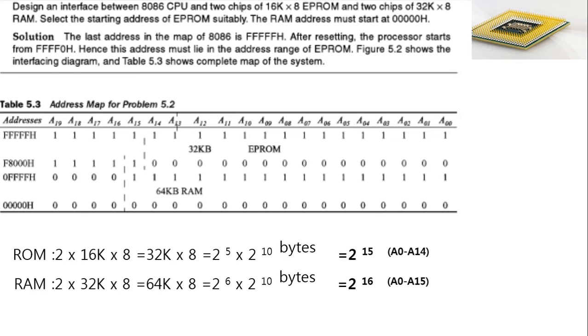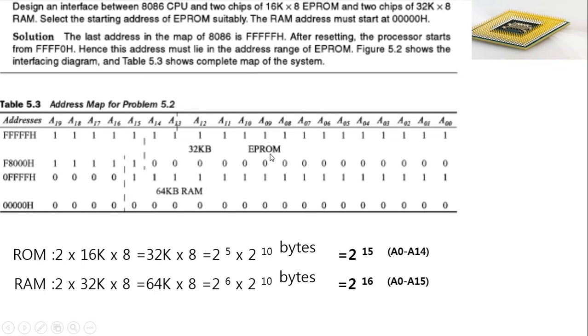So in order to address each of these bytes uniquely, we need 16 bits of address information, represented as A0 to A15. Based on that, the address mapping is given here.